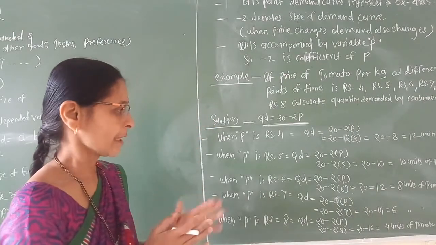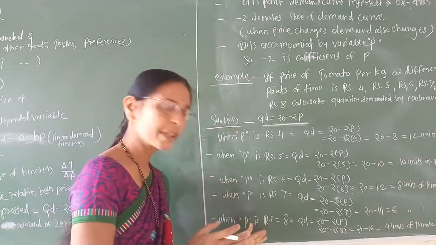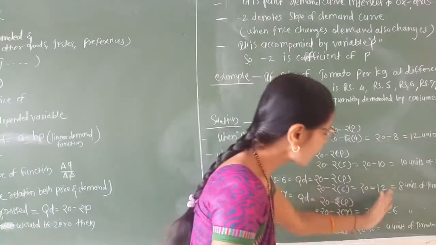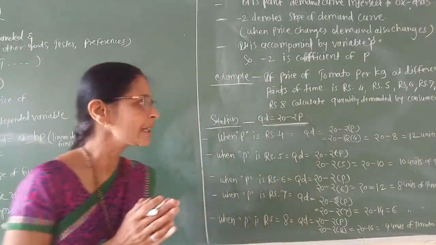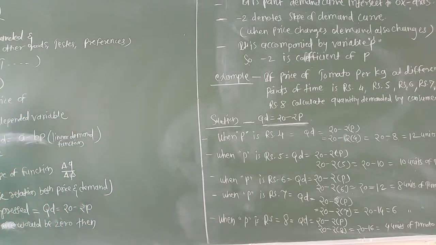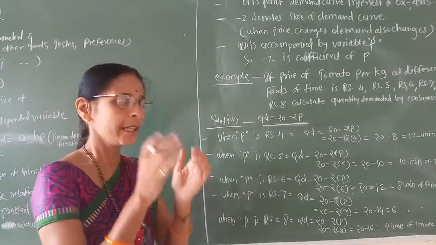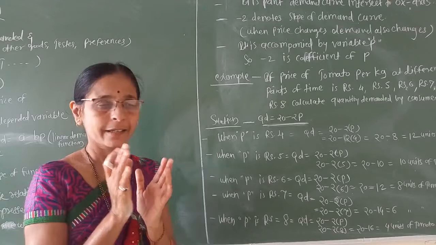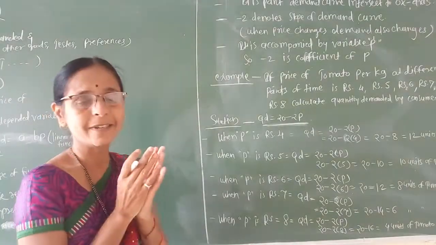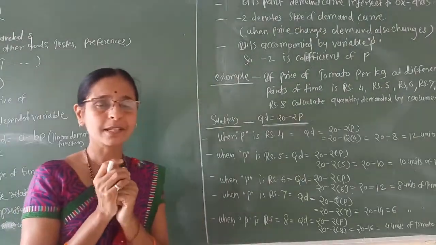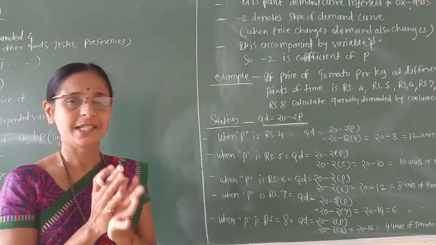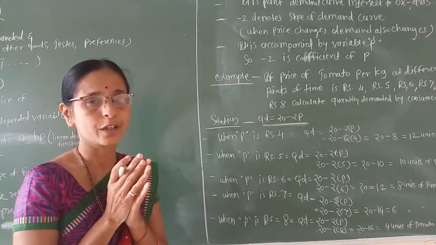If the price of the commodity increases, the demand for that commodity decreases. When the price changes, demand also changes. The demand function shows the relationship between the quantity demanded and the price of the good, the prices of other goods, and the tastes and preferences of the consumer.